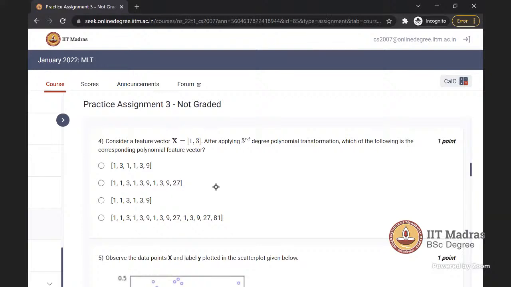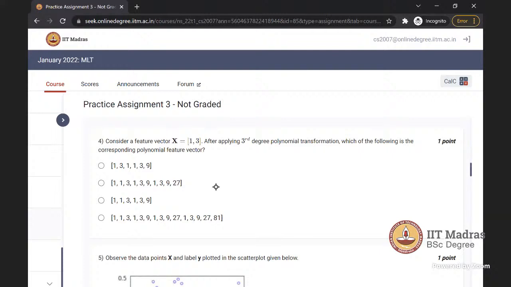We have to add one dummy, and after that x1 and x2, that is 1, 1, 3. Then 1 square is 1, 3 square is 9, and 1 into 3 is 3. Option 3.